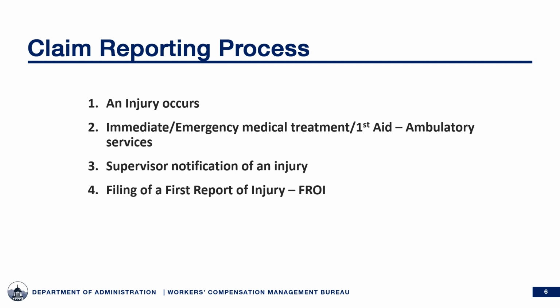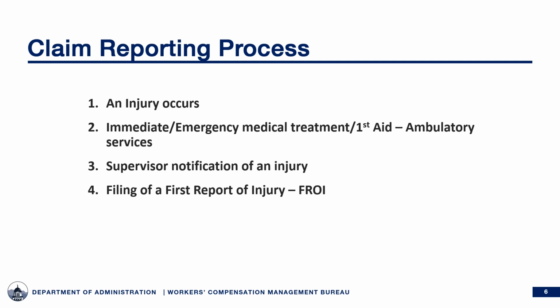Or you can submit the form electronically through the File a Claim portal section of the montanastatefund.com website. In order to submit the claim electronically, you will need the department's workers' compensation policy number. If you are unsure of what your policy number is, please reach out to the Workers' Compensation Management Bureau.